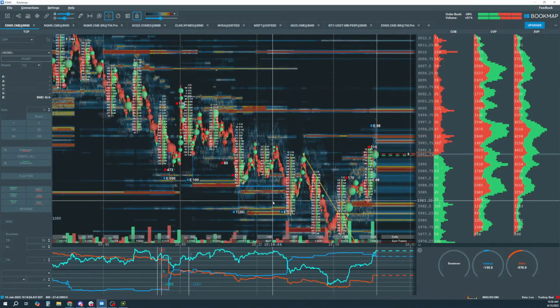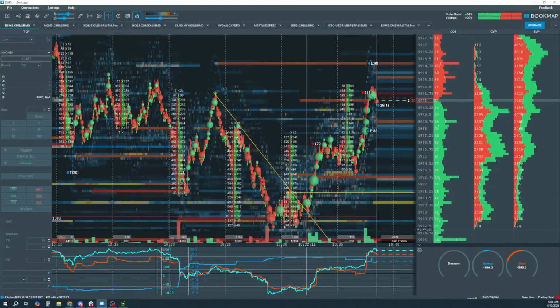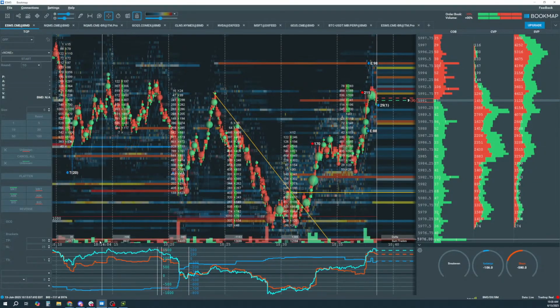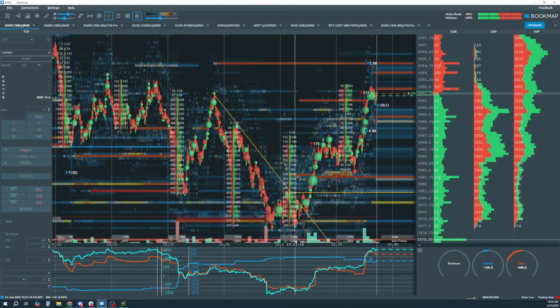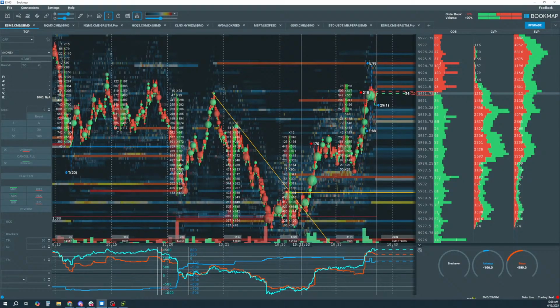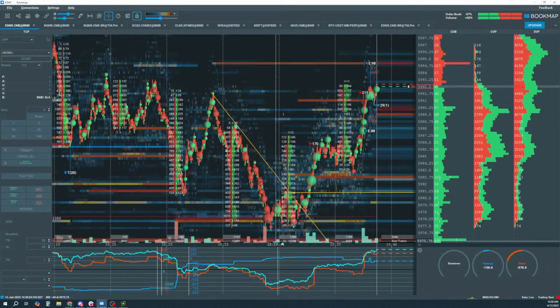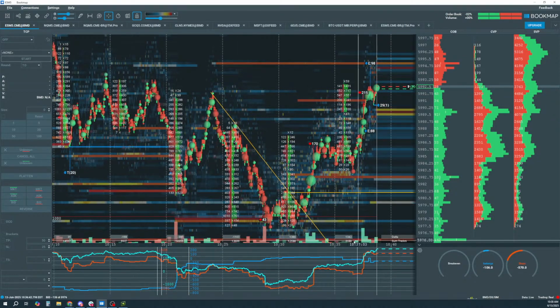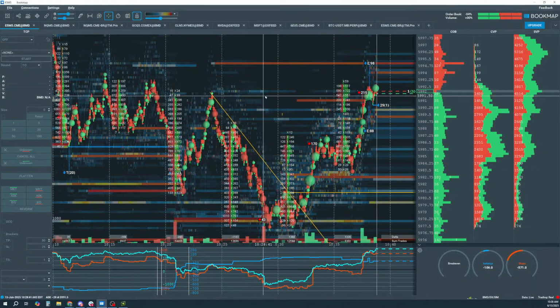But we traded all this high liquidity on the way down, and here's your turnaround in delta. Okay, negative, negative, really negative, positive. And you can see the summation underneath here of all trades, and then again positive, and there you go.